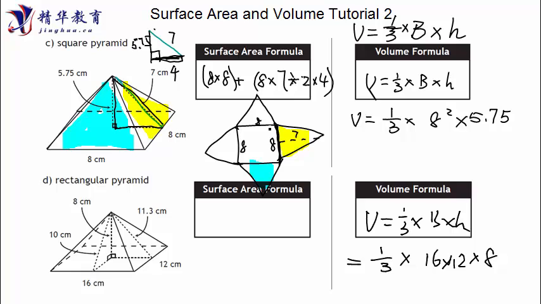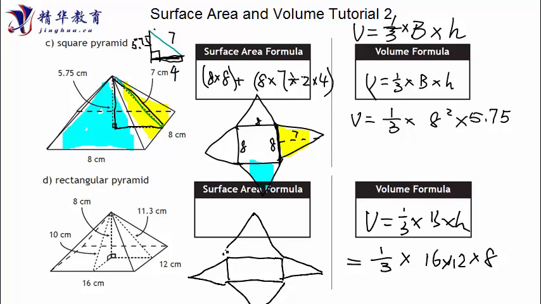For the square, all 4 triangles are the same. For the rectangular, these 4 triangles are not the same because the length and the width are different. So one triangle is this, the other one is this, right? And then here is this part here.